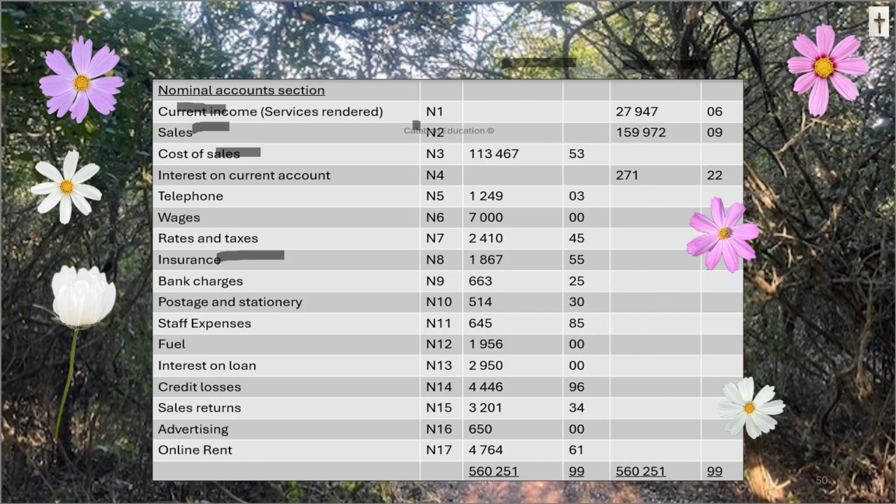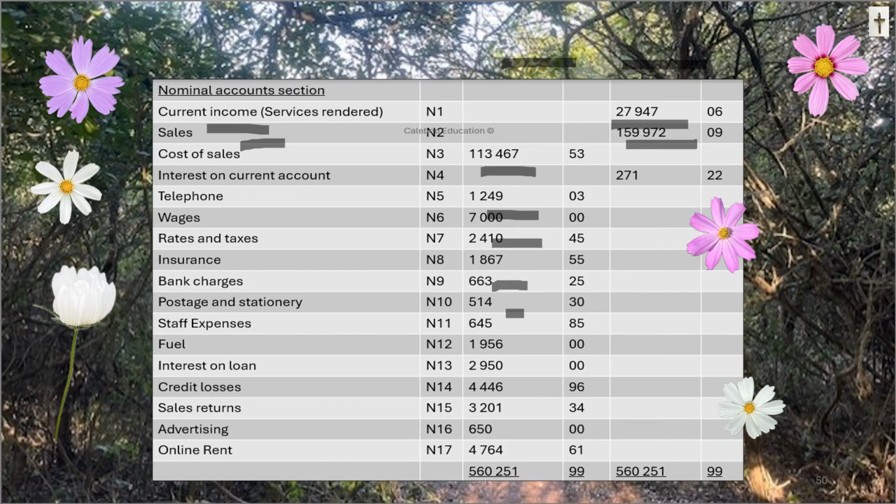And in the nominal accounts section, we have all our income and expense accounts. So we've got current income, sales, those are income accounts, and according to our rules they have credit balances, and all our expenses have debit balances.